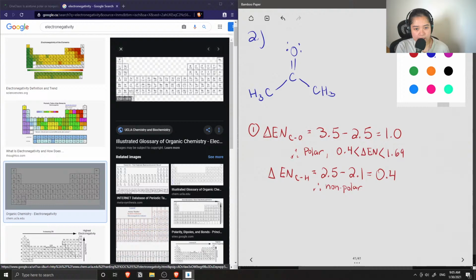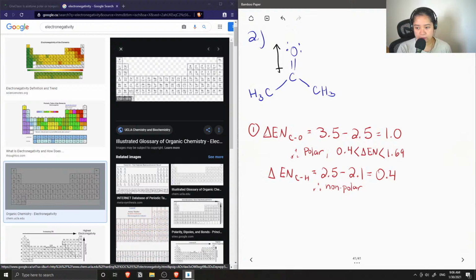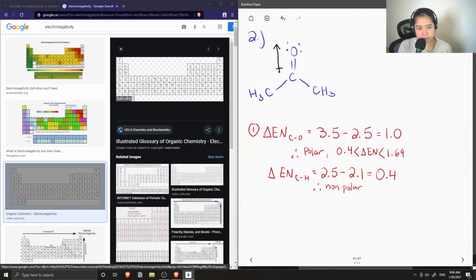So I can show a dipole moment kind of going towards the direction of the oxygen, because since oxygen is much more electronegative, there's going to be an uneven distribution of electrons. So I'm just going to write up here that we have a non-zero dipole moment. So therefore, this molecule is polar.